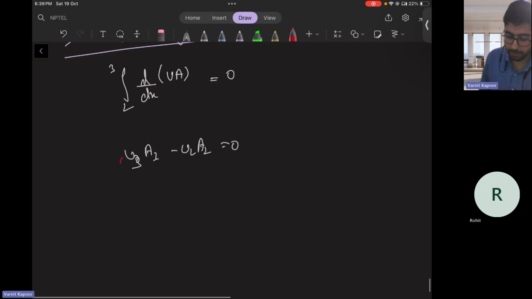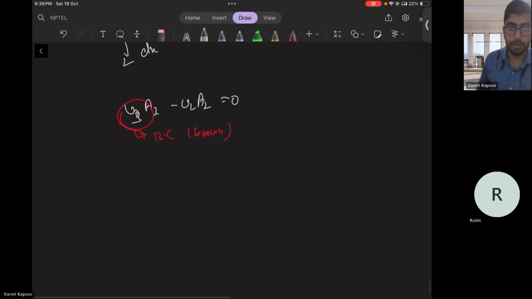Again, U3 is a given boundary condition. And again, you can write the U2 term in terms of star and primes.